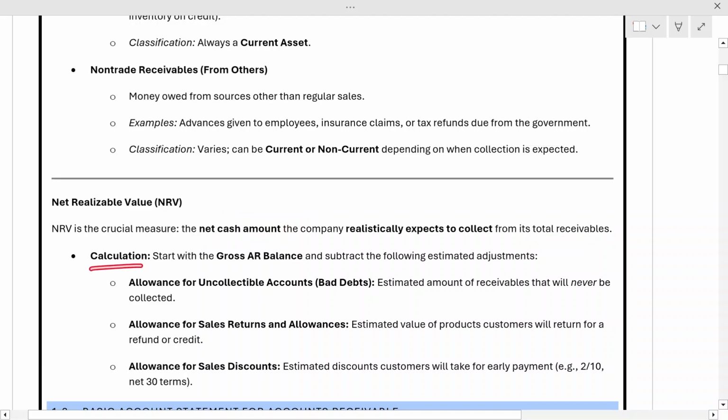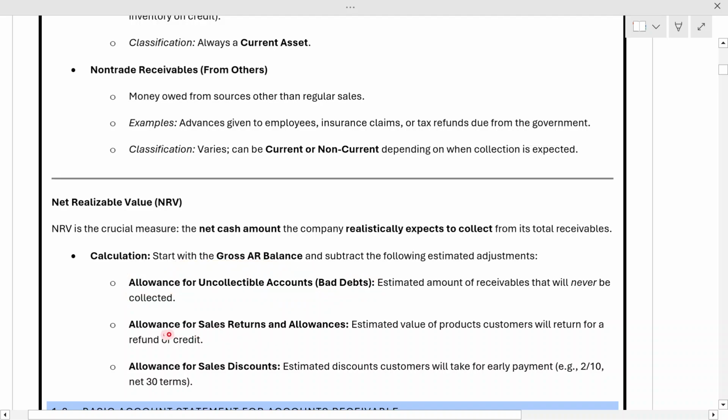Now how to do the calculations for that? It will start with the gross AR balance, which is grossly how much money you need to receive, and we need to subtract the following adjustments. So we need to subtract the bad debt, which we call the allowance for uncollectible accounts.